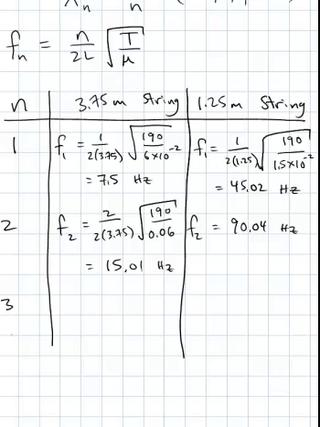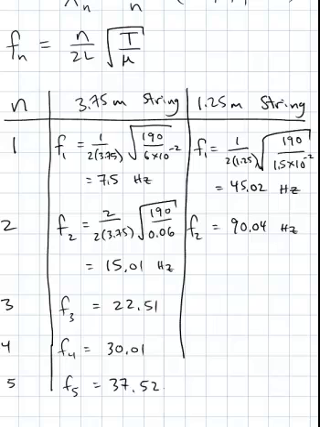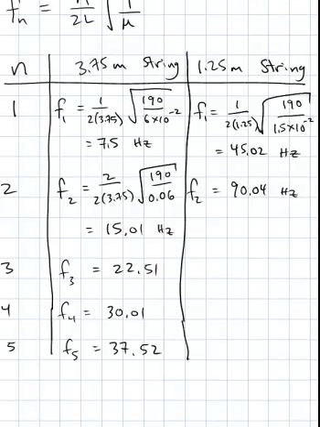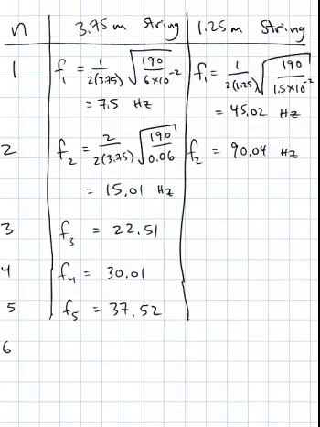And I'm going to put for n equals 3. I'm not going to punch in all the numbers this time. And n is equal to 4. And for 5, and let's see, I think this is going to do it.